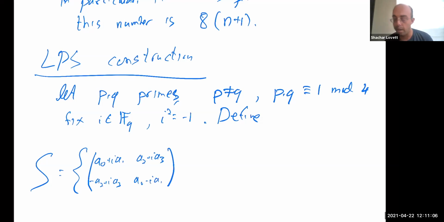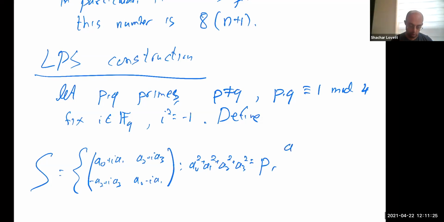And what are these numbers? a0, a1, a2, a3 are integers, such that a0 squared plus a1 squared plus a2 squared plus a3 squared is exactly p. And then we're going to put some extra conditions on them to break some symmetries. a0 is positive and odd, and all the rest, a1, a2, a3, are even.